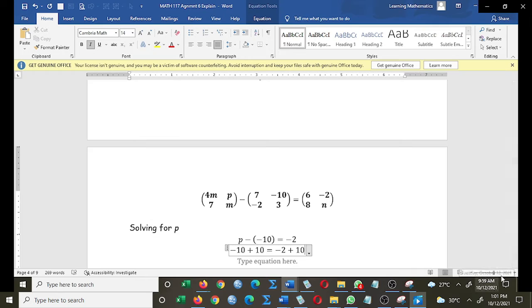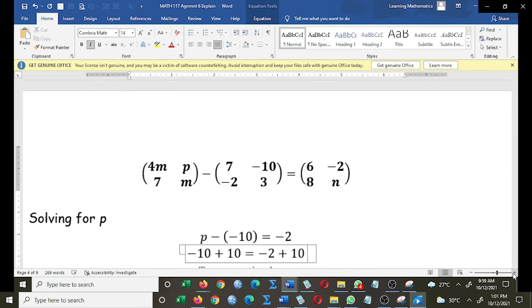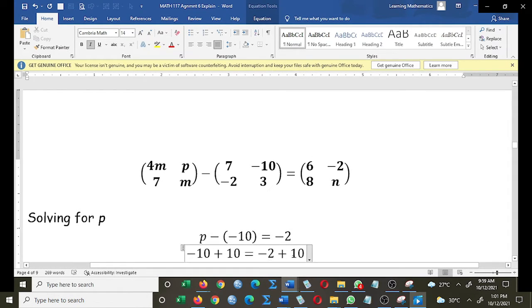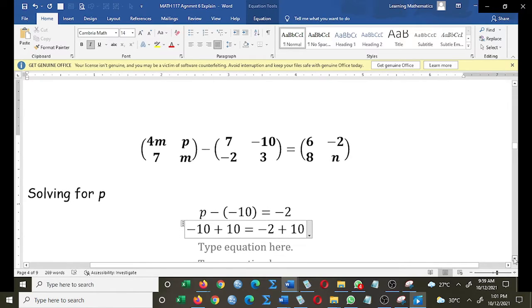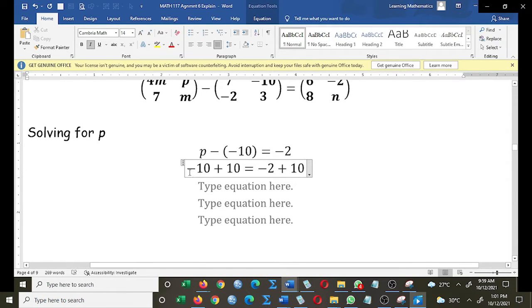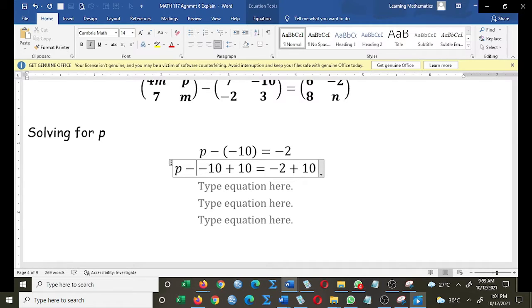What about the P minus? What are we to do with the P minus? Where is it? So P minus negative plus 10. What to write there? P minus negative 10 plus 10.